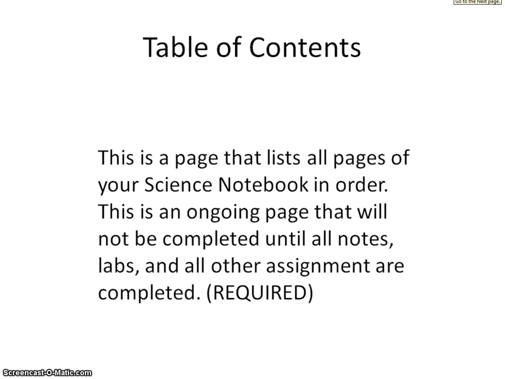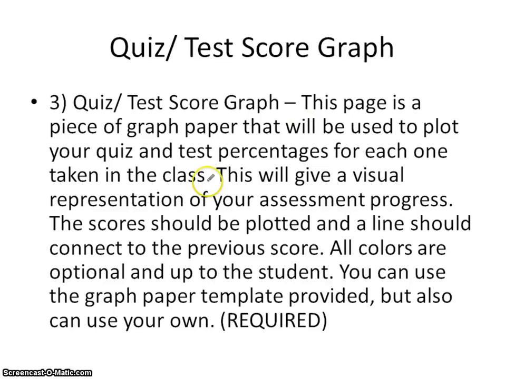The table of contents I want broken down by lessons, not by units, so you should have a good amount of page numbers listed in your table of contents. It's for organizational purposes, okay? Your score graph, I only need to bring this up because some people didn't do it. Here's a graph basically set up.